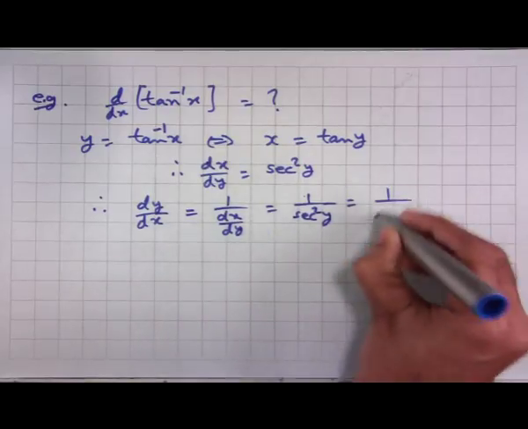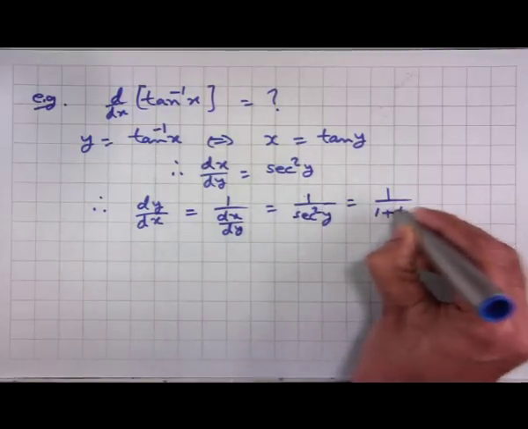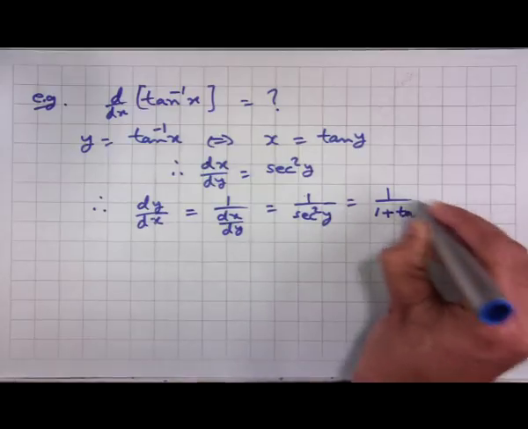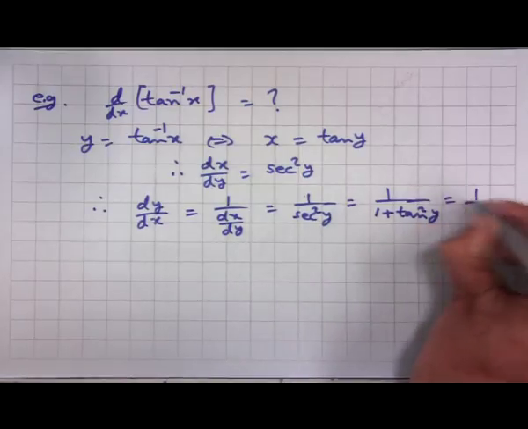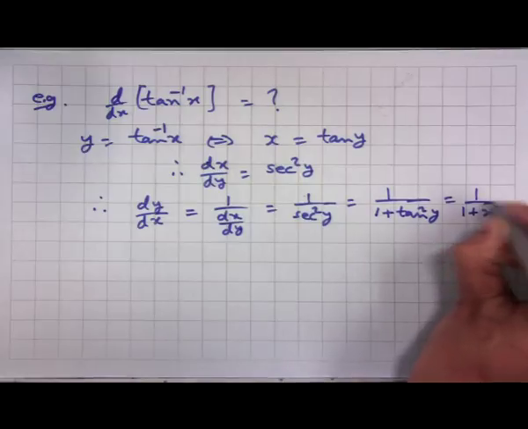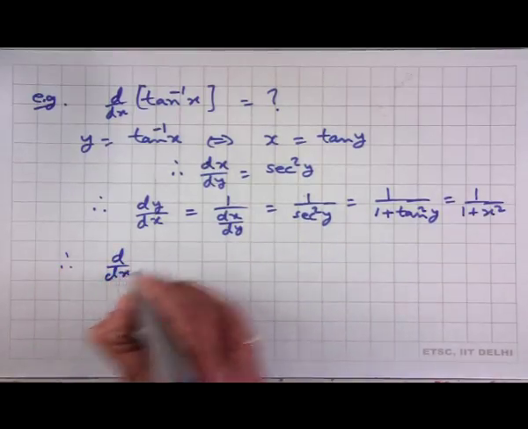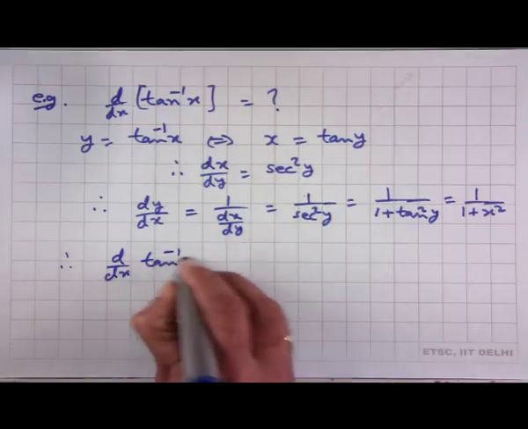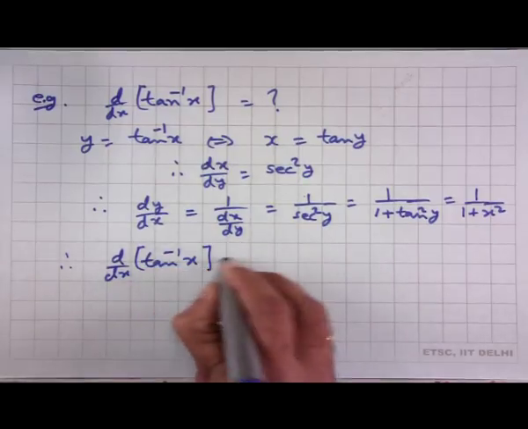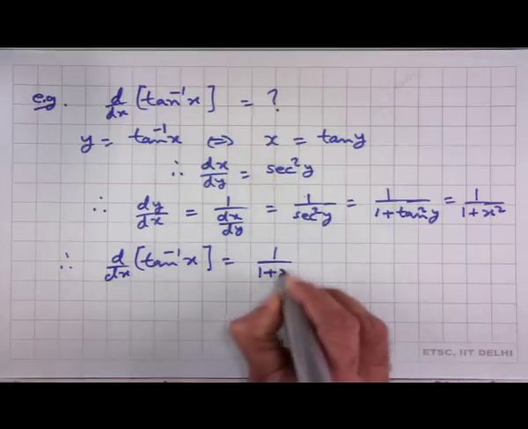Secant square y is same as 1 plus tan square y, and tan y is equal to x. So, this is 1 by 1 plus x square. So, therefore, the derivative of tan inverse x is equal to 1 by 1 plus x square.